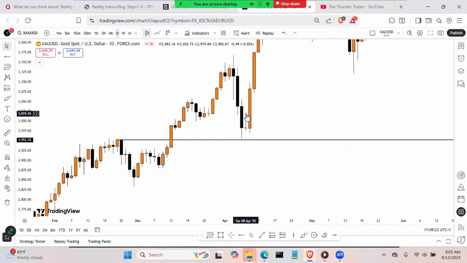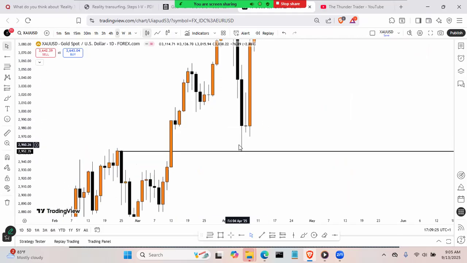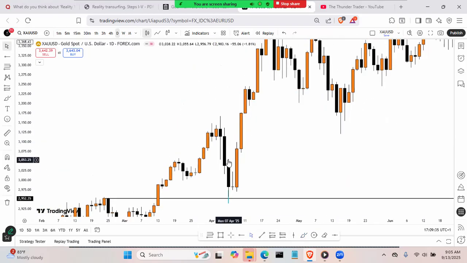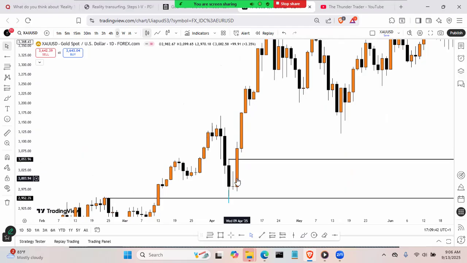But let's just say, imagine that the price actually reacted from here. Let's just assume. What you want to do is see the top of this candle close above. The moment this candle closed above it, that's a candle break. Straight up.